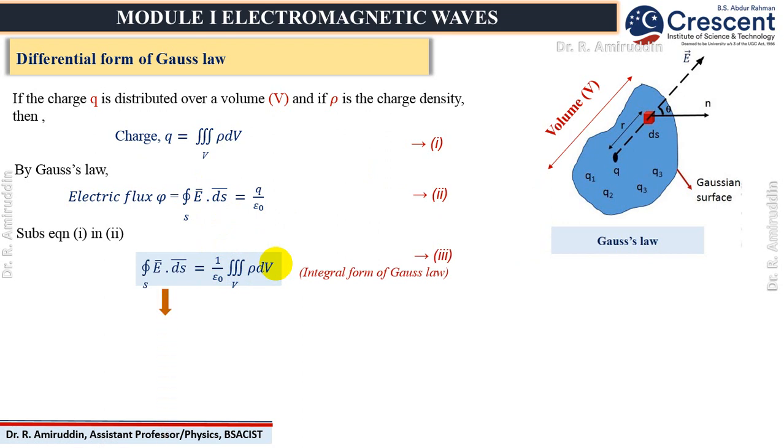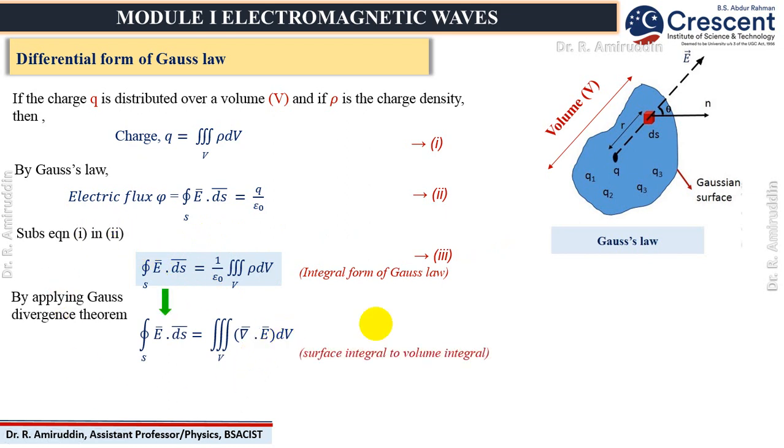Now on the left hand side we have the closed integral of E dot ds. By applying the Gauss divergence theorem we can rewrite this as the integral of del dot E dV, where we are converting the surface integral to the volume integral.